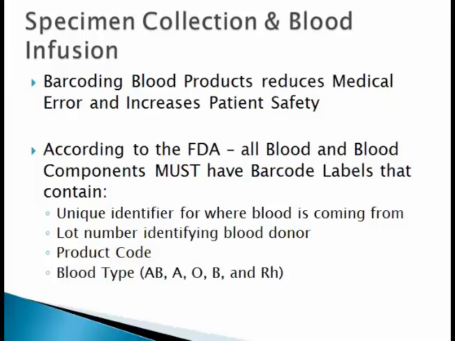They need to have a unique identifier from where the blood is coming from, a lot number identifying the blood donor, the product code, and the blood type, AB, A, O, B, and the Rh, plus, negative or positive. So everything must be labeled, labels must be checked, and barcoding has helped with this process tremendously.